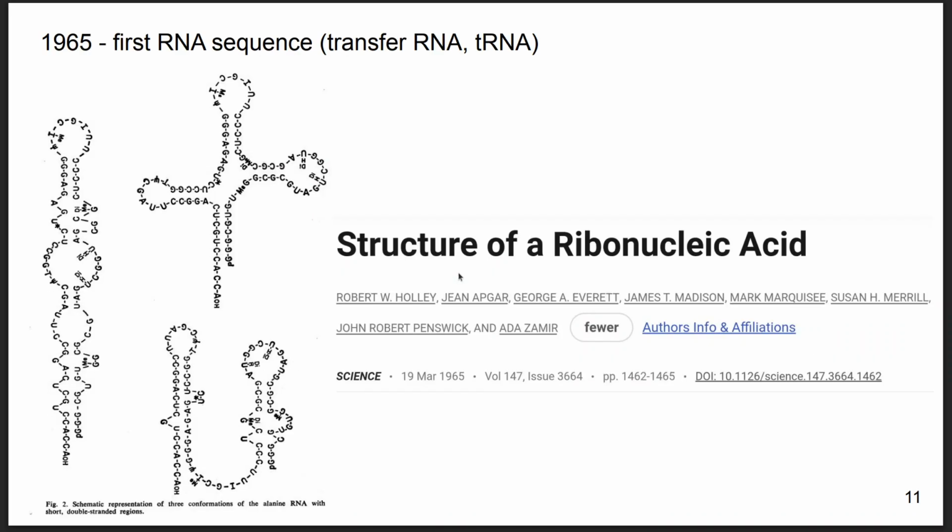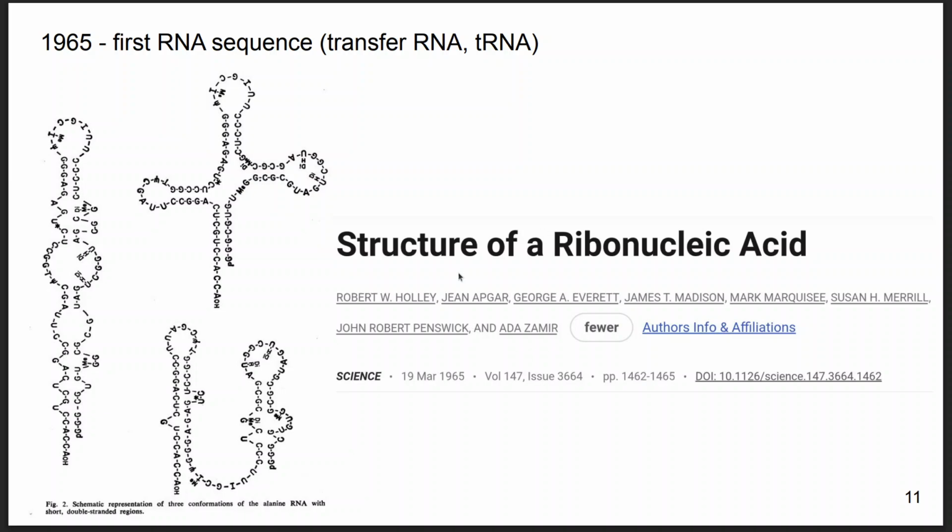Then, the first RNA sequence of a tRNA, a transfer RNA. This is an RNA that brings amino acids to ribosomes during translation for building new proteins, if you don't know yet.